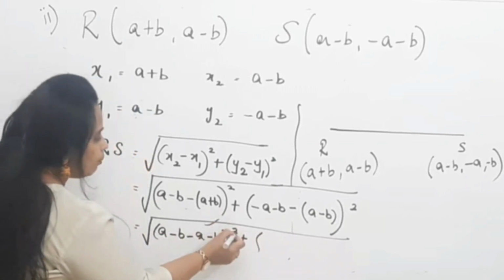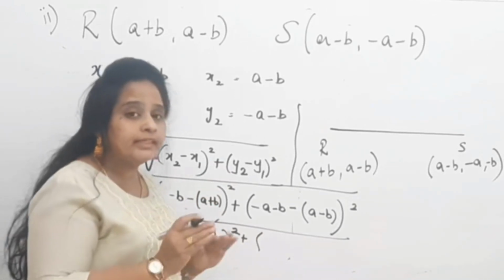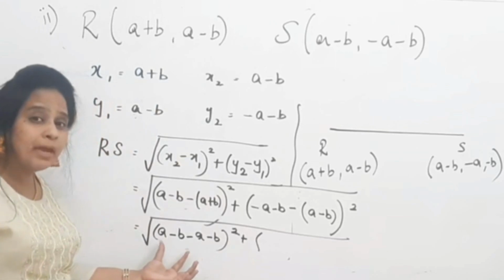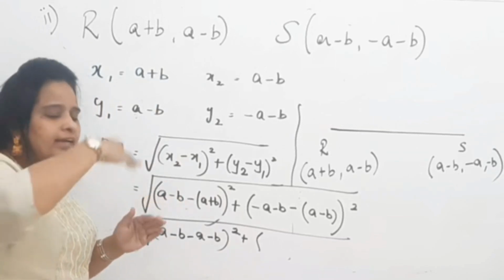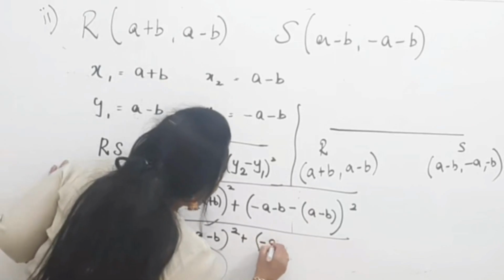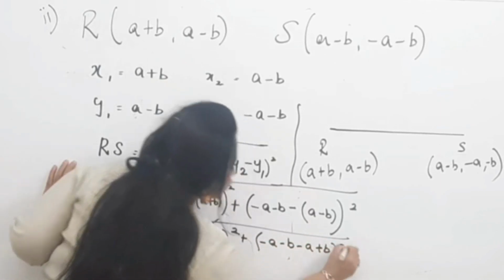Do not bother about the square when you do not make the base proper. So first make the base as simple, easier one. So this will become (-a - b - a + b) the whole square.